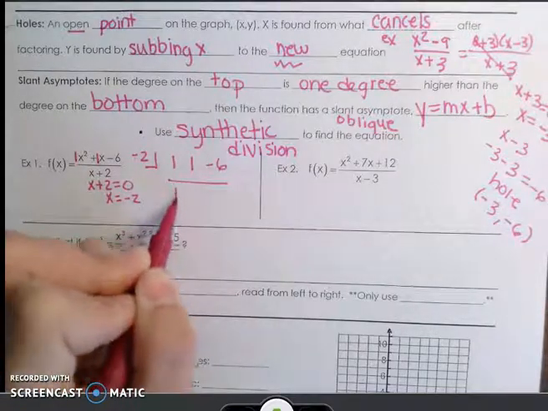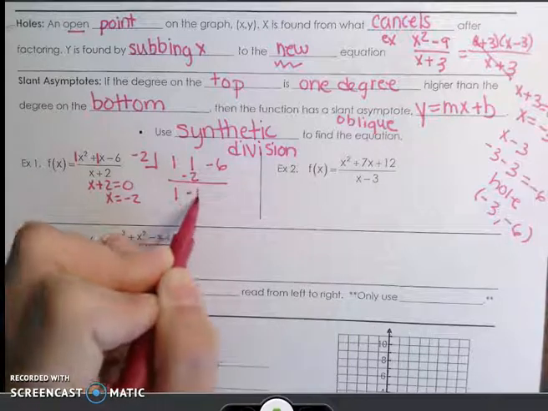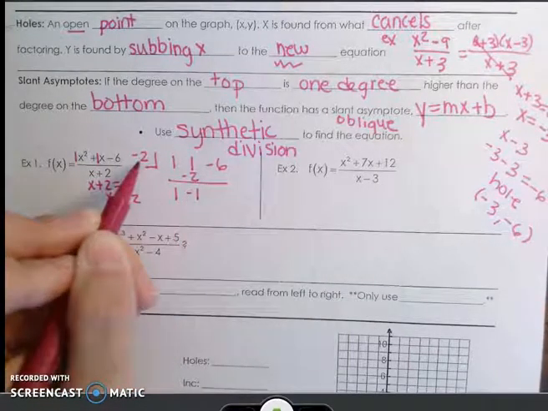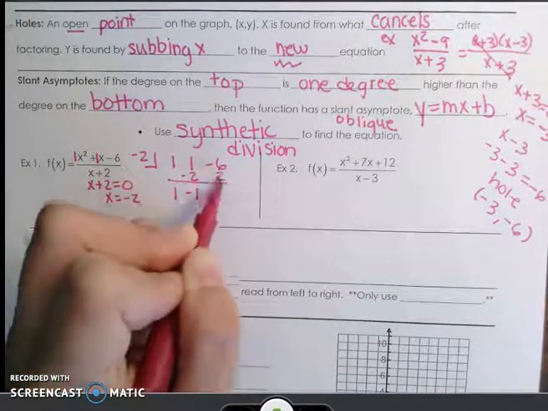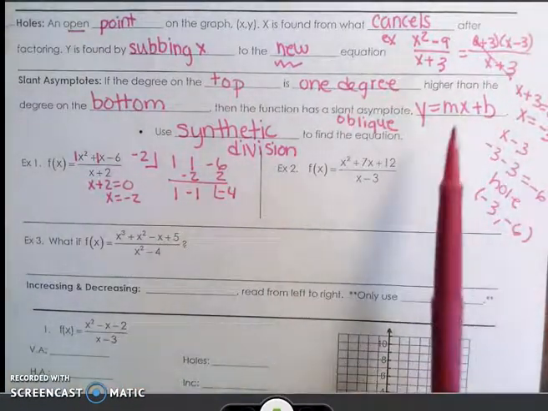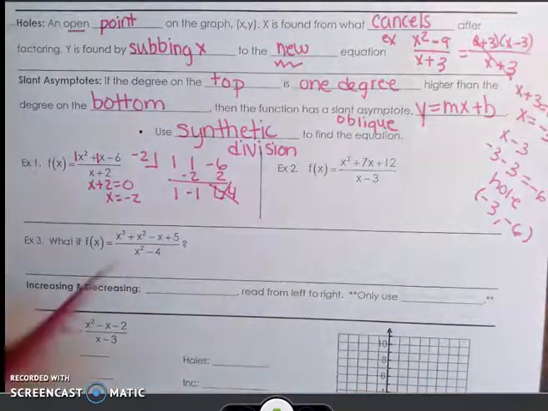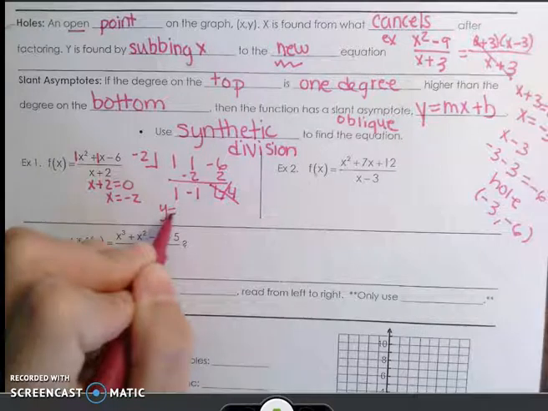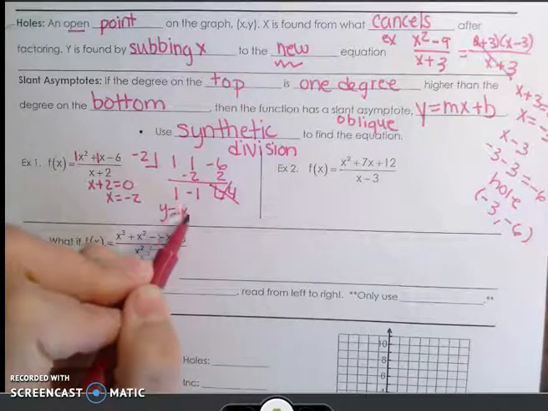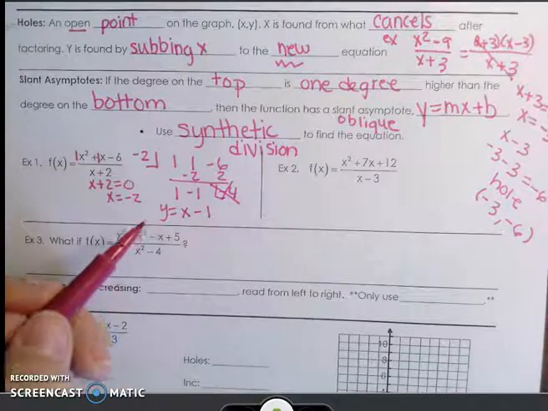Bring down the 1, multiply, you have negative 2. Add those together, you get negative 1. Multiply, you get positive 2. And even though your answer is negative 4, when you do this, you just need the first two pieces. You don't need the remainder, so don't worry about that. So your answer will be y equals 1x, or just x, minus 1. And that would be your slant asymptote.